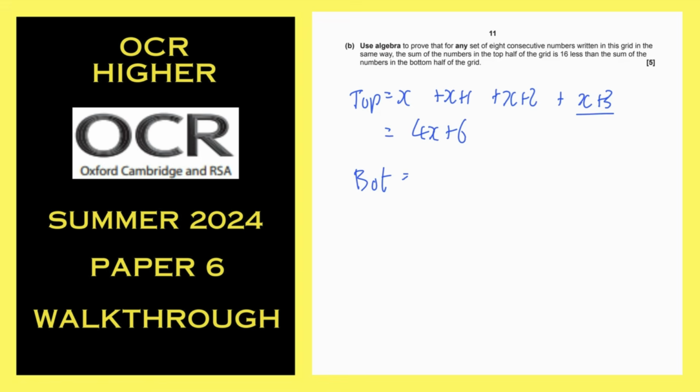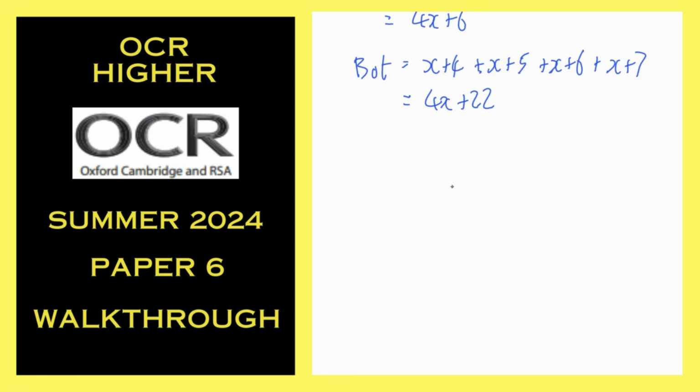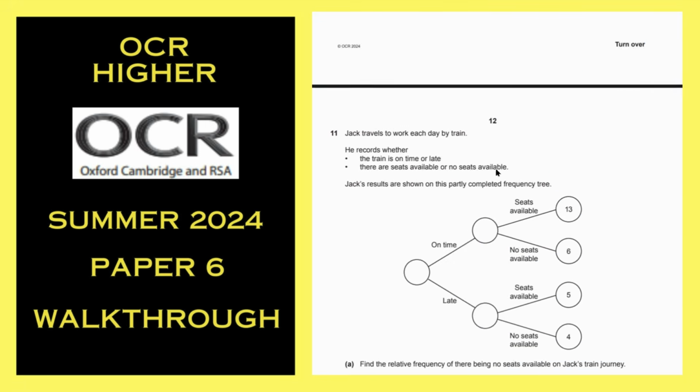And along the bottom, carry on from there. It's x plus 4, x plus 5, x plus 6, and x plus 7, which simplifies to 4x plus 22. It says find the difference is always 16. Best way of finding the difference is do biggest, take away the smallest, and bosh, what a waste of time.